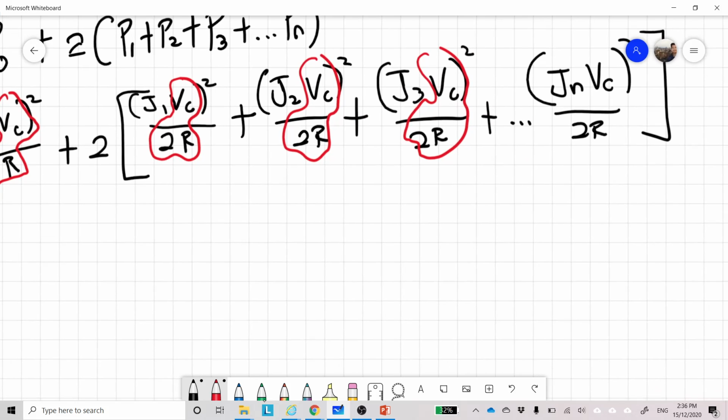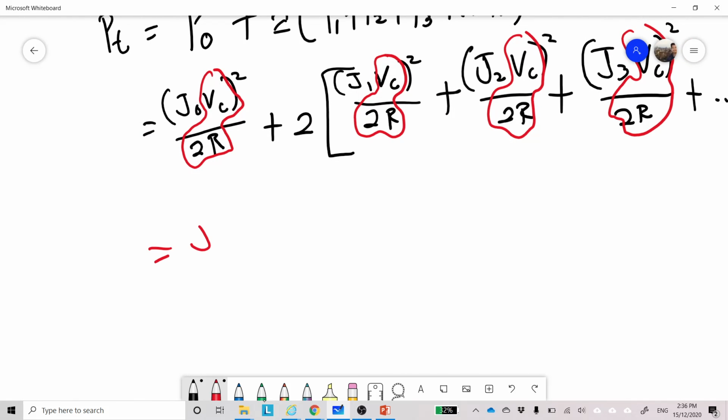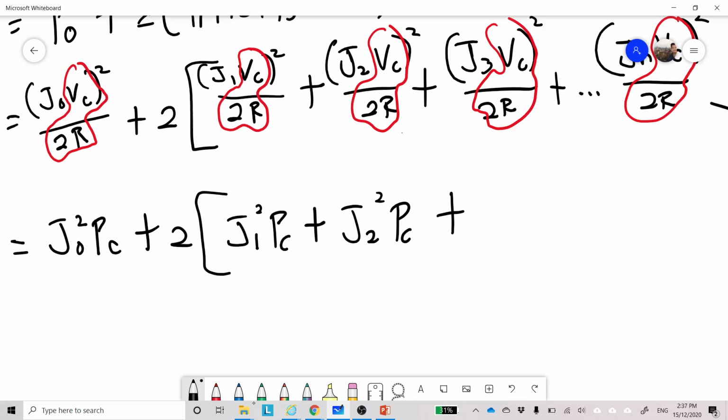So it is actually equal to J0 square PC plus 2 times J1 square PC plus J2 square PC plus J3 square PC plus until the end, which is Jn square PC.